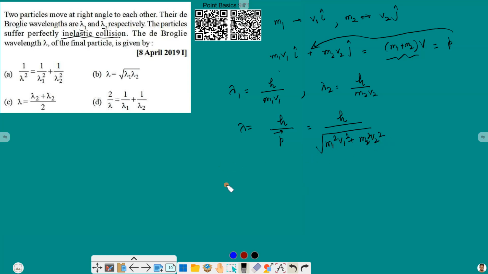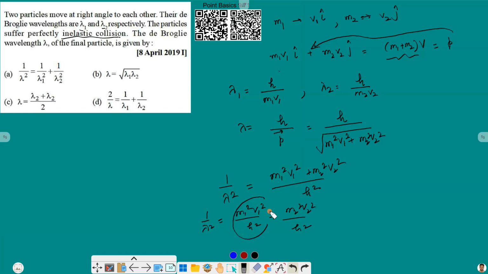Now again take the inverse of both sides and square. So 1 by lambda square will be equal to (m1 square v1 square plus m2 square v2 square) by h square, and this can be written as 1 by lambda square is equal to m1 square v1 square by h square plus m2 square v2 square by h square.